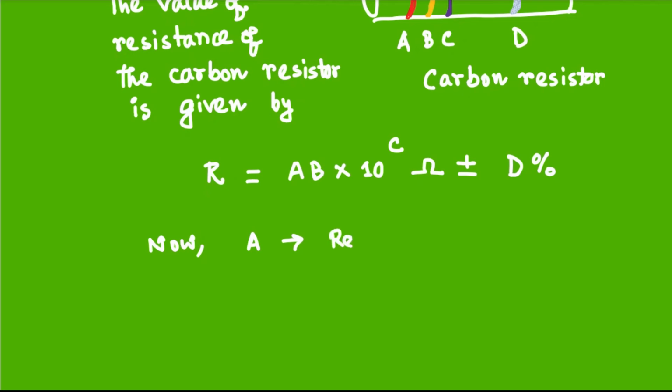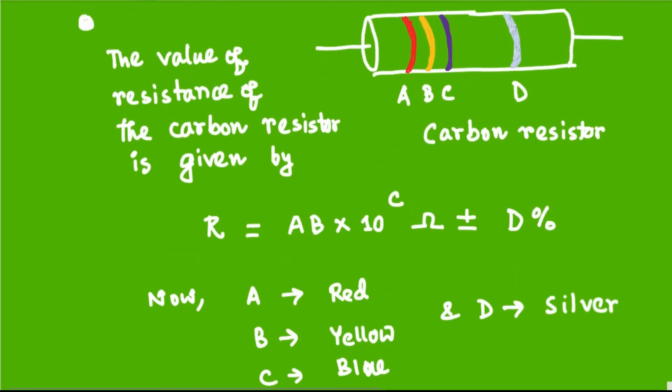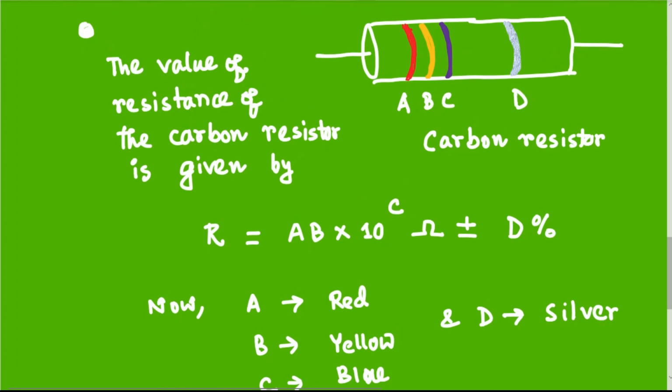Now A is red, the second color strip B is yellow, the third color strip is blue, and the fourth color strip is silver.